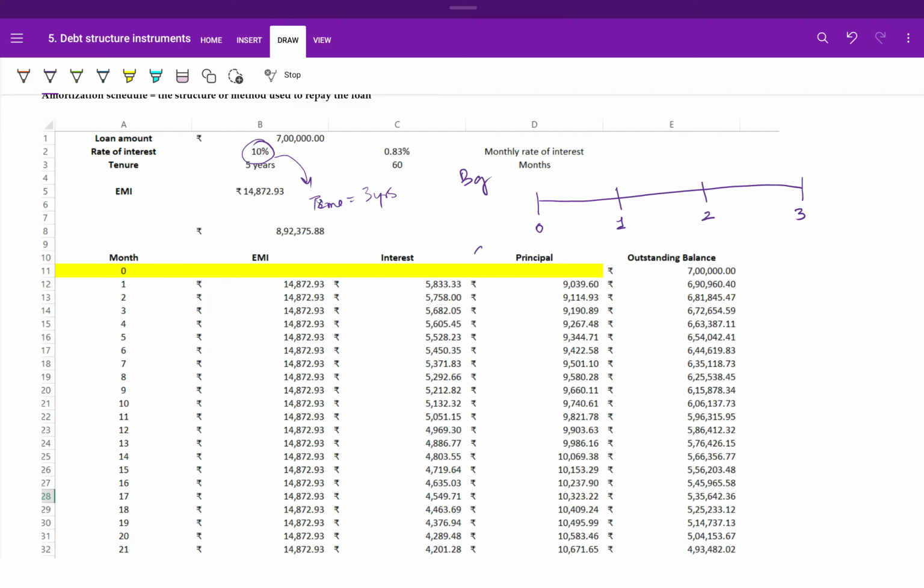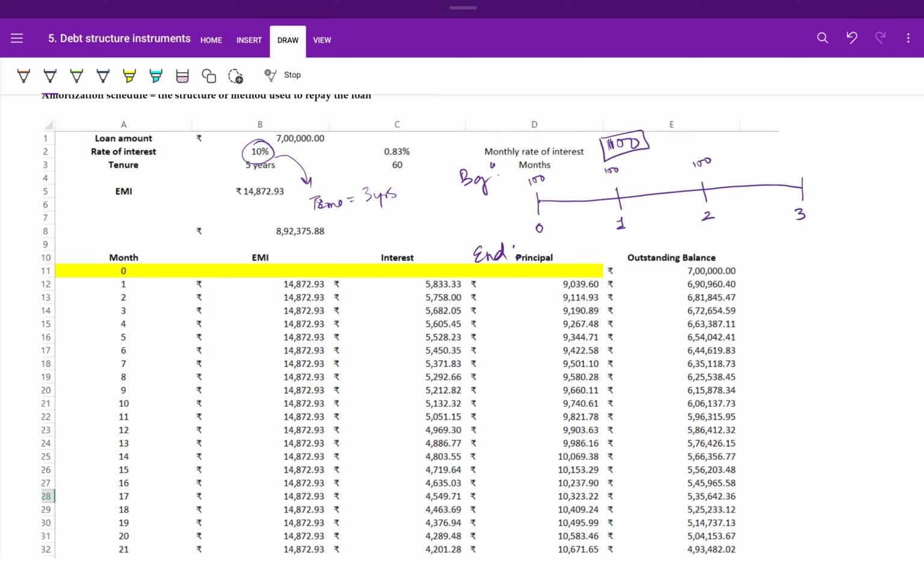Let's assume the principal amount is 100 rupees or $100. When you start at the beginning of the period, you are going to pay somebody 100 rupees here at the beginning of the period, 100 rupees here, 100 rupees here for 3 years.